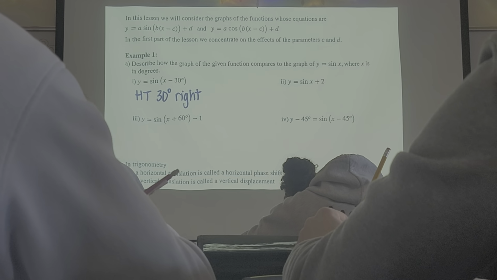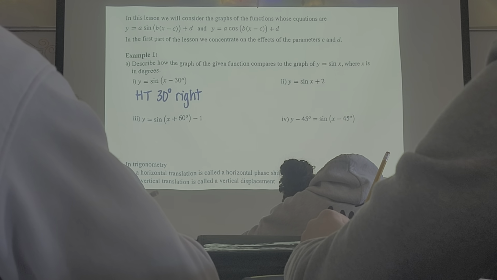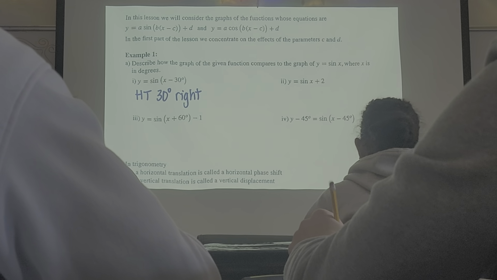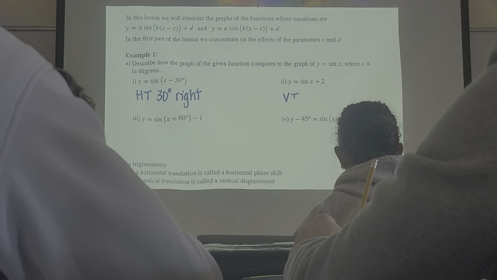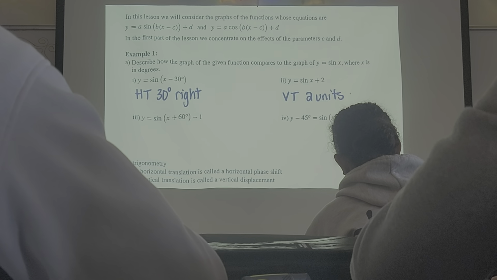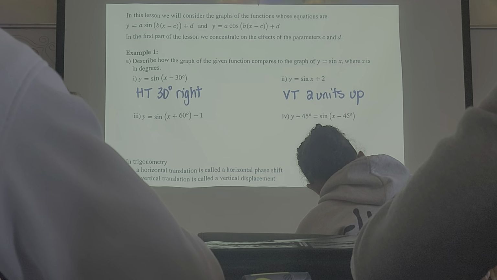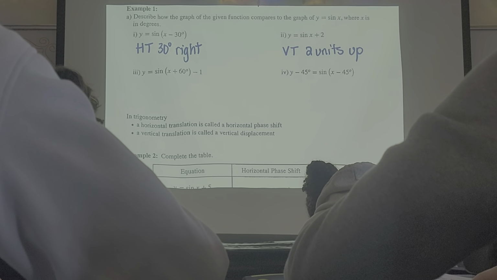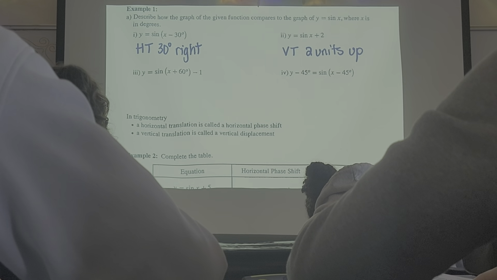Sine x plus 2. So now plus 2 is on the end. What was that one? Vertical translation, 2 units up. Now how about if I have x plus 60 degrees and then minus 1 on the end?